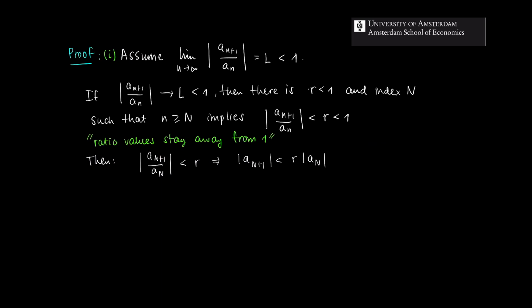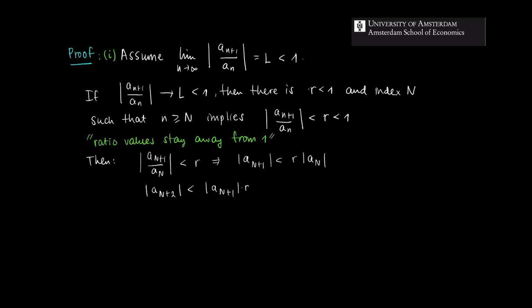Well, the same reasoning we can continue. So if we now look at the absolute value of the ratio of a_{N+2} divided by a_{N+1}, we see that the absolute value of a_{N+2} is smaller than a_{N+1} in absolute value times r.